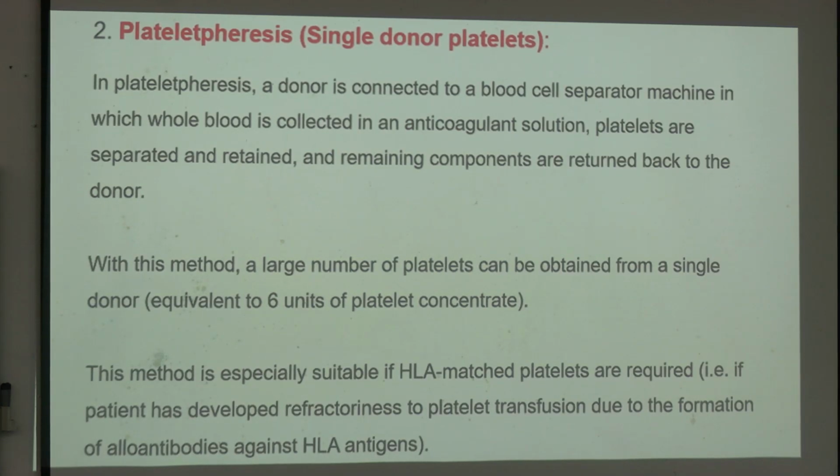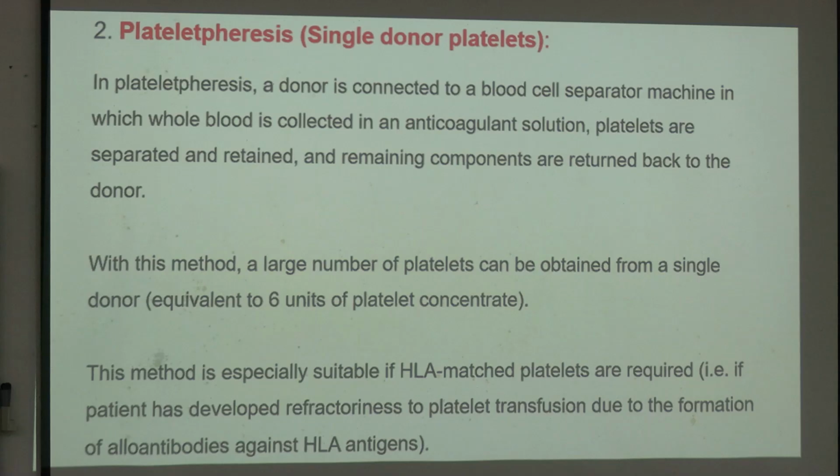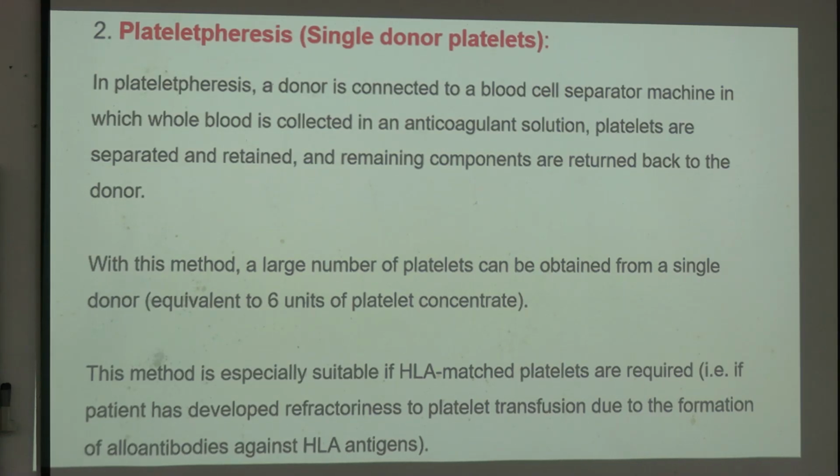Platelet pheresis. You have heard of single donor platelets. In platelet pheresis, a donor is connected to a blood cell separator machine in which the whole blood is collected in an anticoagulant solution, and the platelets are separated and the rest is returned to the donor.